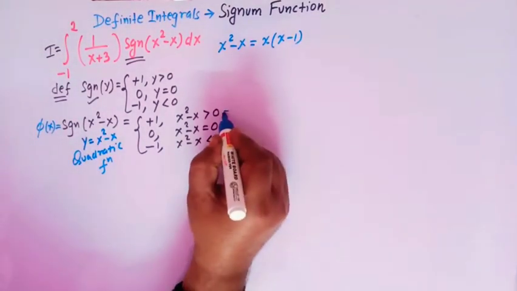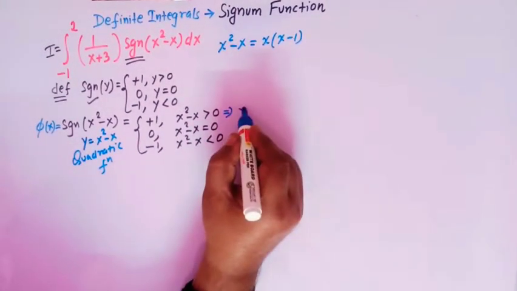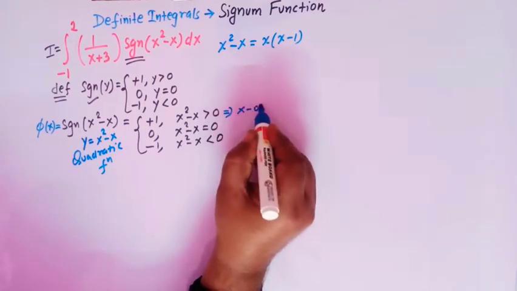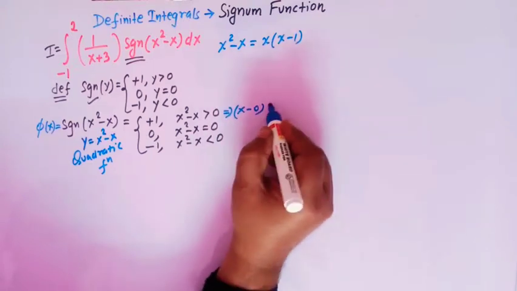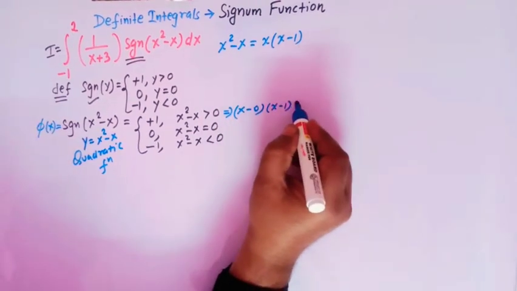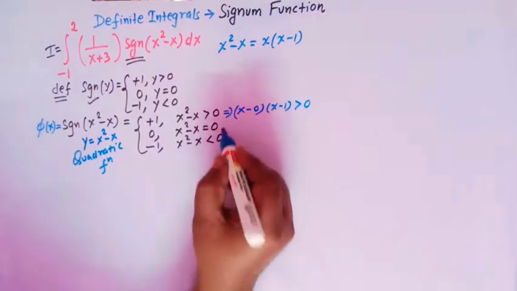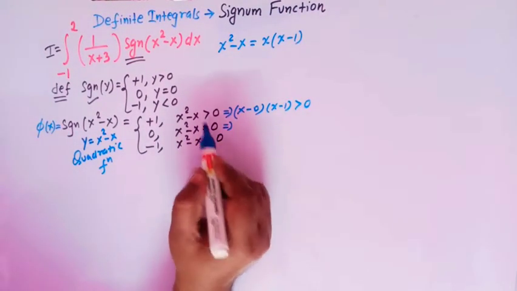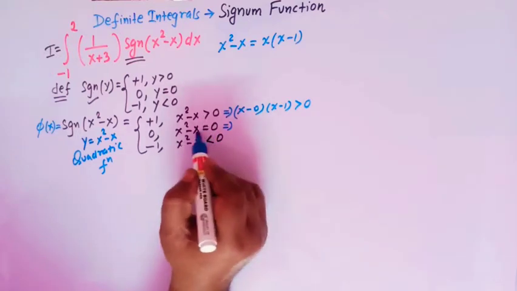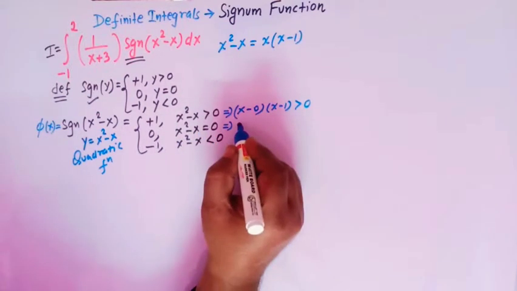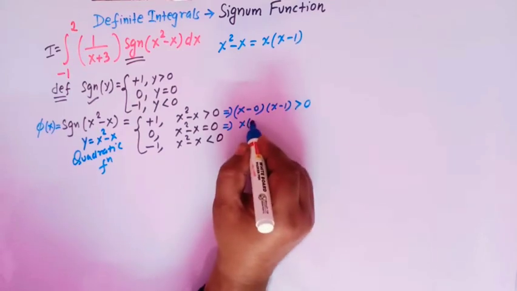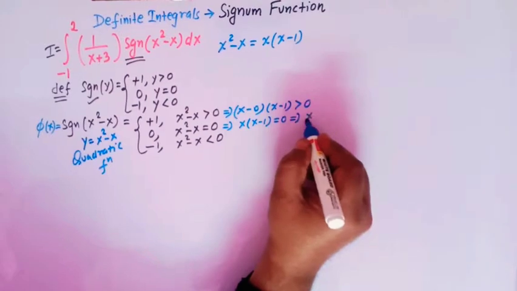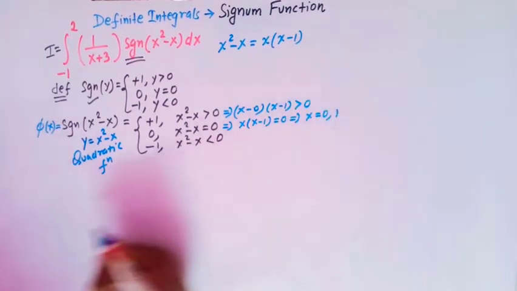So now this inequality becomes x minus 0 times x minus 1 greater than 0, and the equation is x times x minus 1 equal to 0, which gives us x equal to 0 and 1.